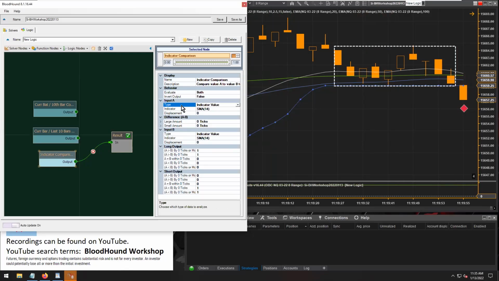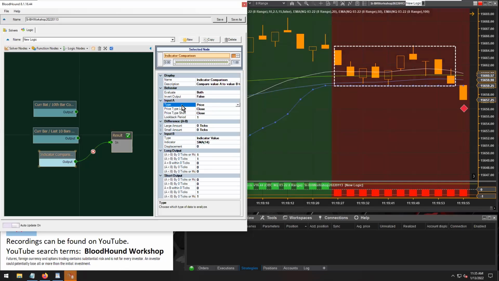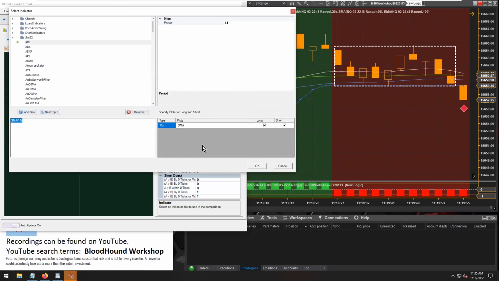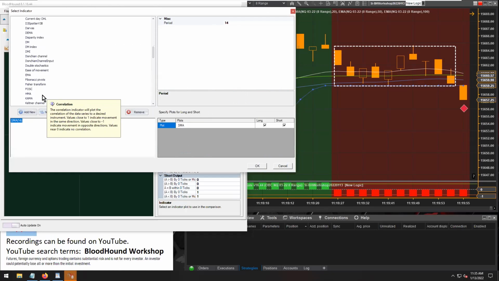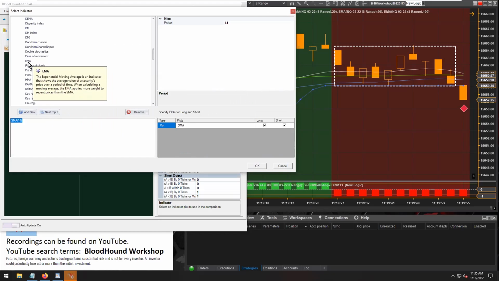So input A is going to be price again. And actually, let's name this here first. All right. And since I already have an EMA 20 on my chart, I'm going to just use that EMA again, so I don't have to add another indicator to my chart. All right, there's the EMA.